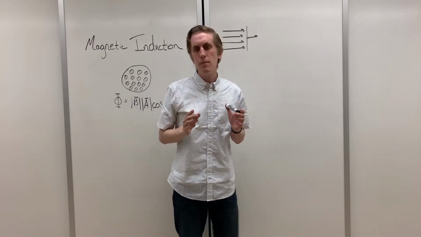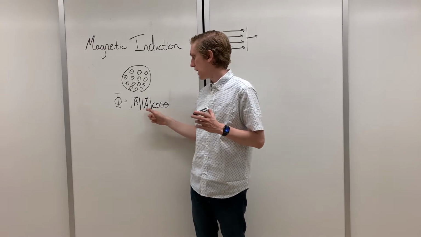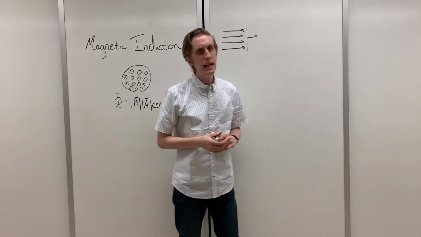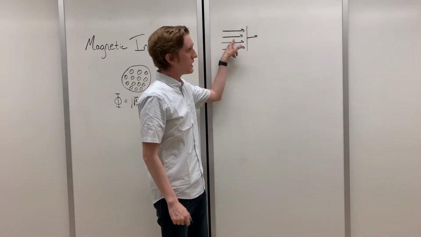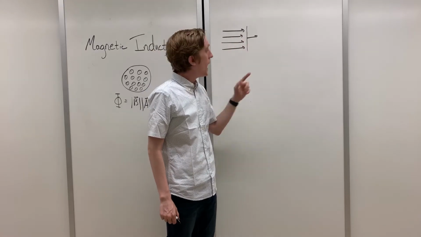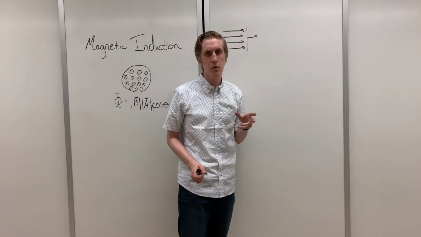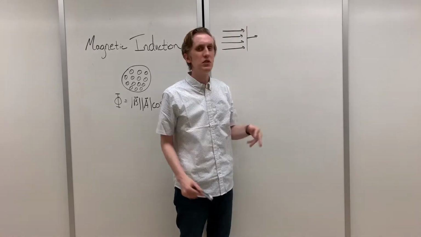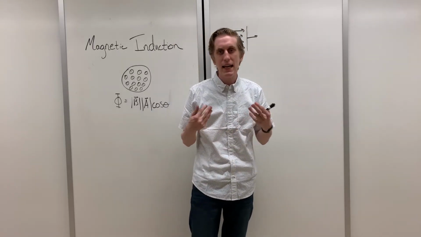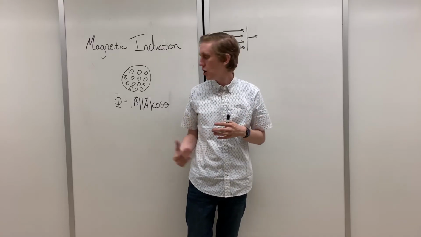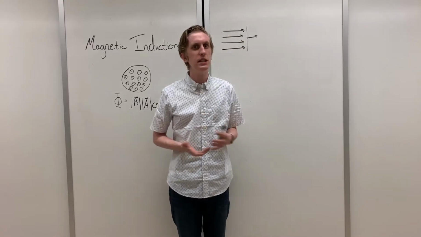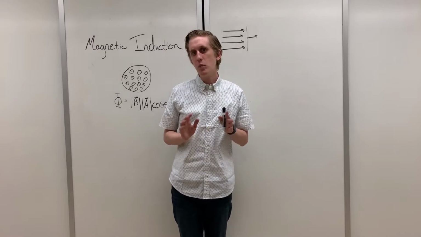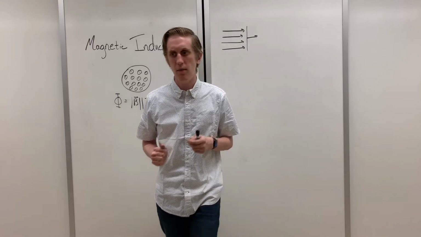The angle between the magnetic field and the surface is the angle between the direction that the magnetic field points and the direction that the surface points. In this case, the magnetic field and the surface are pointing in the same direction, and so theta is just 0.